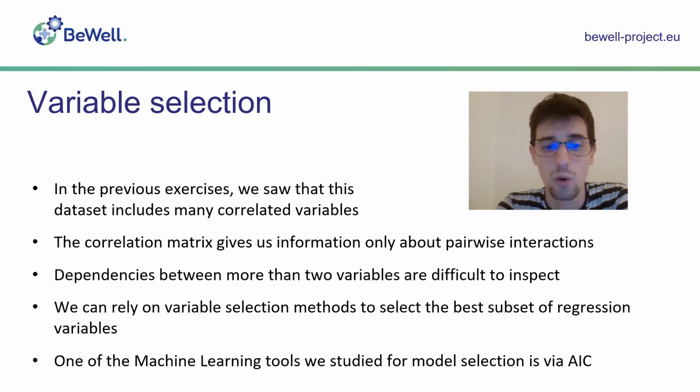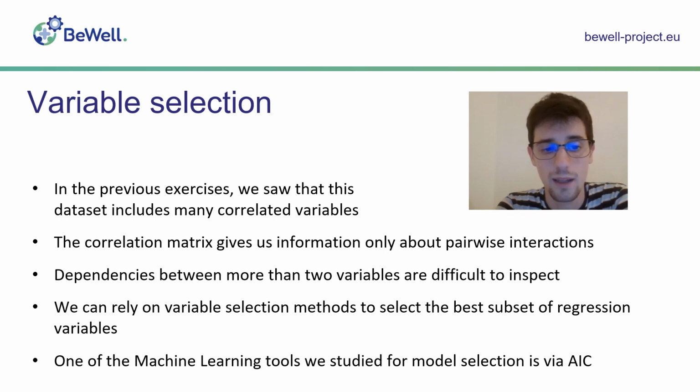For example, when a column can be obtained as the sum of two other columns, or, more in general, as a linear combination of them. The problem is non-trivial since dependencies between more than two variables are difficult to inspect.